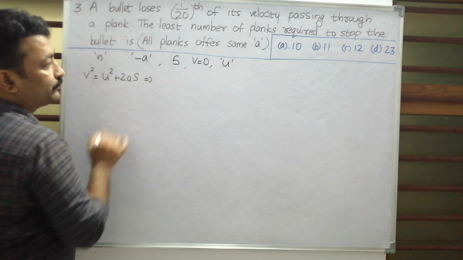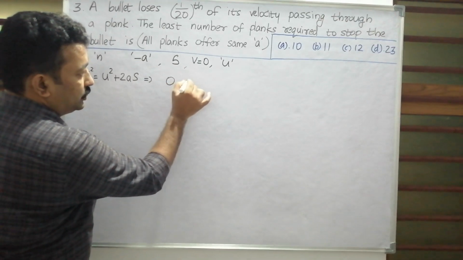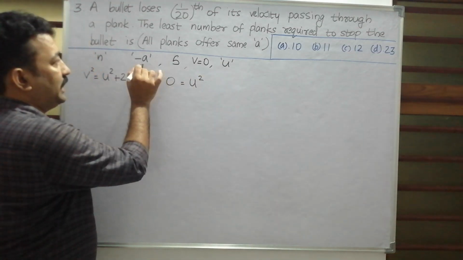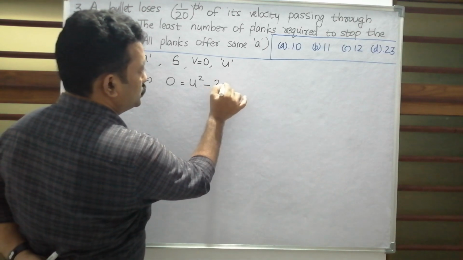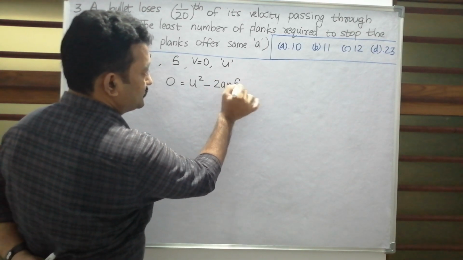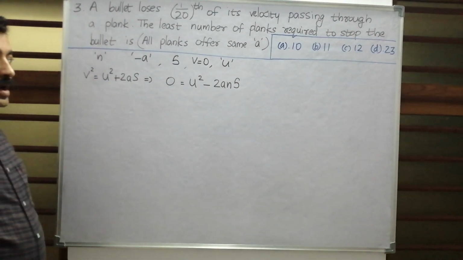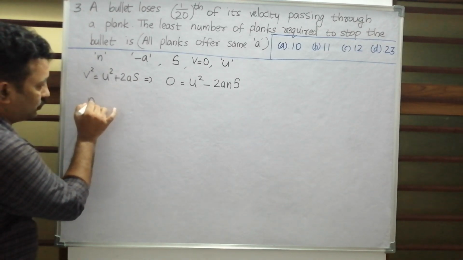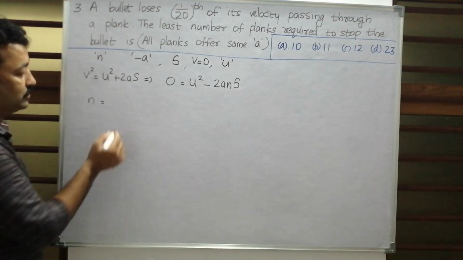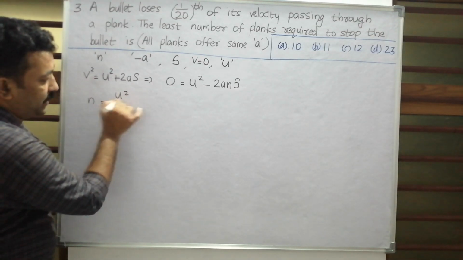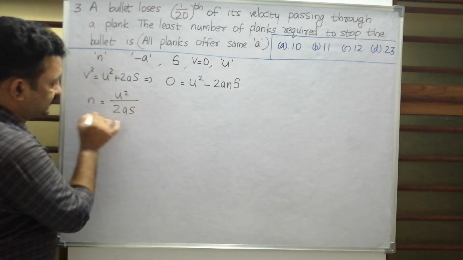This turns to be, v is 0, u is u square, a is negative, and there are n number of planks, so minus 2ans. I can write, rearranging, 2ans is equal to u square, or n is equal to u square divided by 2as.